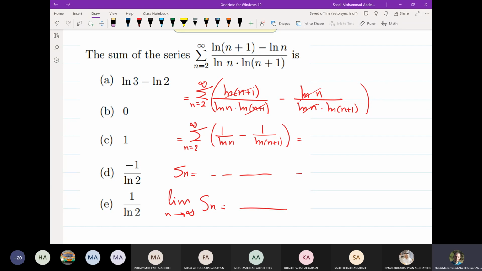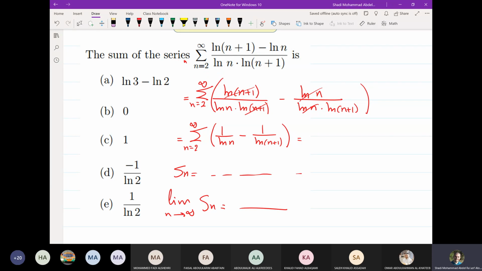Is that clear? Doctor, will the number 2 make a difference? N equal 2, will it make a difference? No. But do you know why he starts from n equal 2? If n equals 1, ln 1 is 0. He couldn't start from 0 because ln 0 is undefined. And he couldn't start at 1 either, because ln 1 is 0.